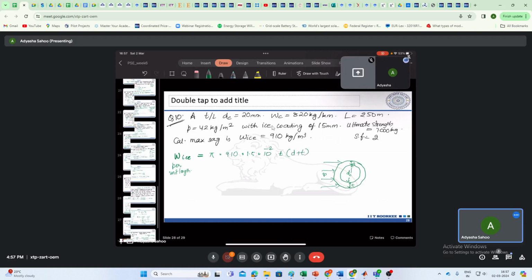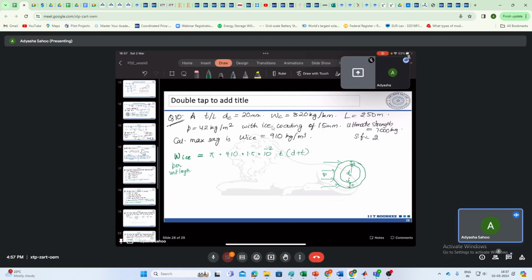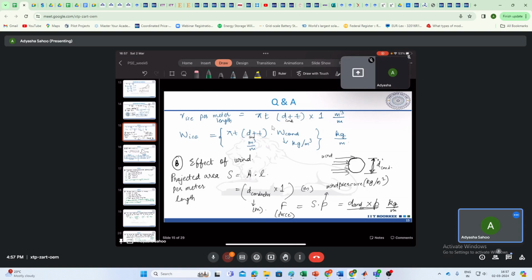So basically this formula that we derived here. So pi T D plus T into weight of conductor.